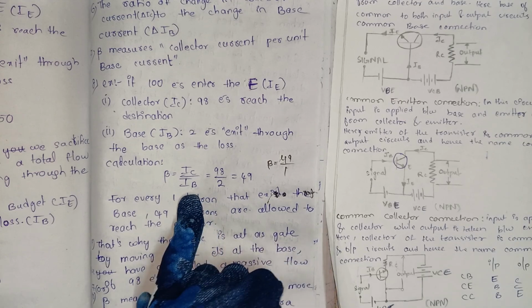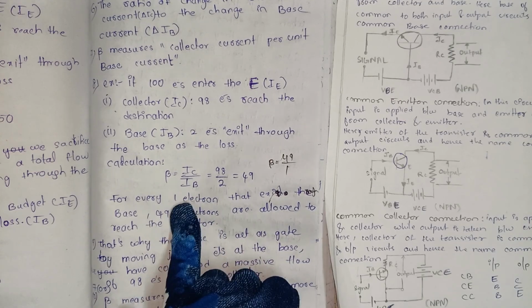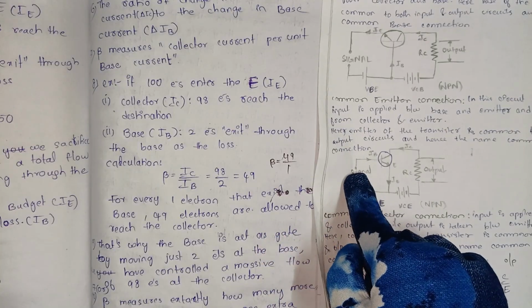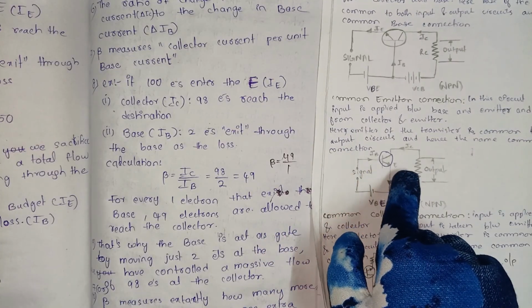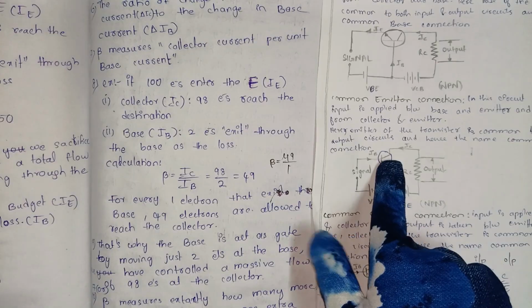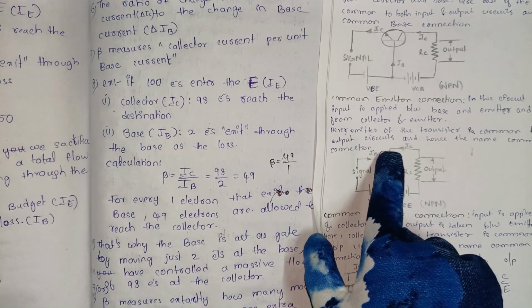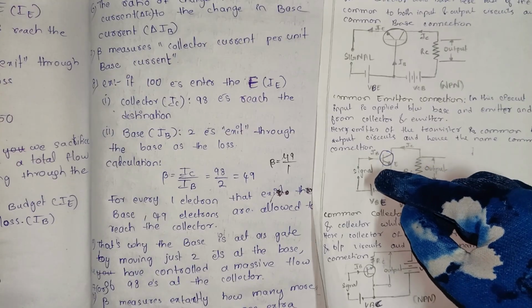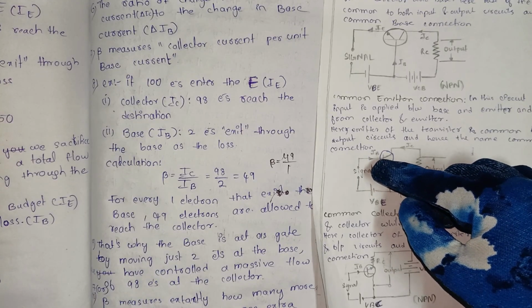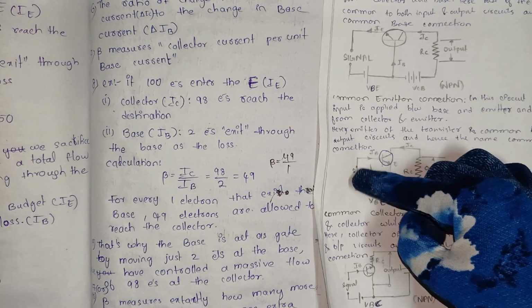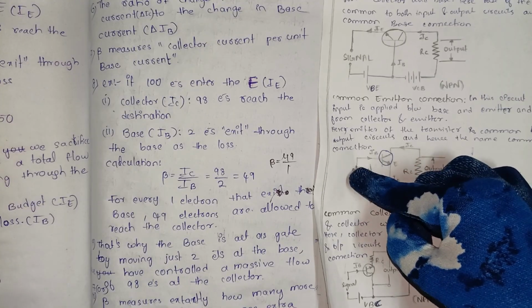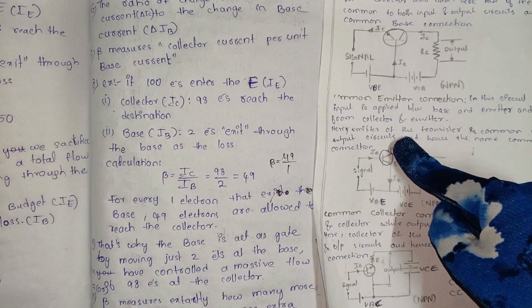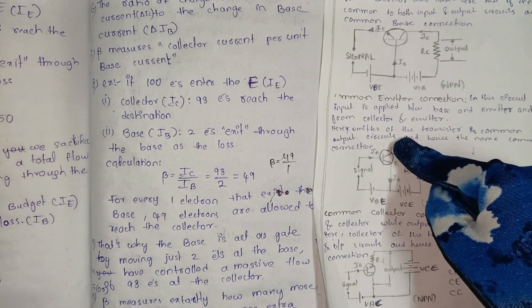Then for every one electron that exits through the base, 49 electrons are allowed to reach the collector from the base.